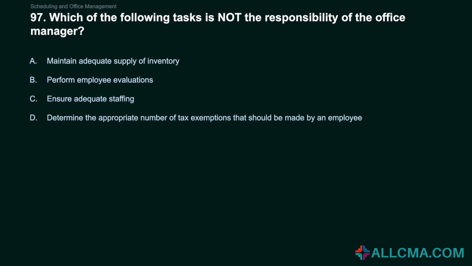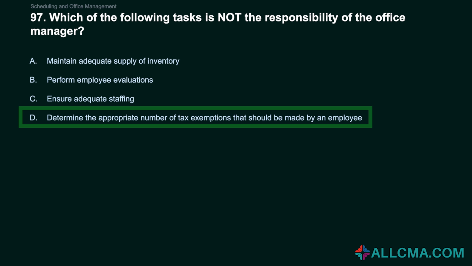97. Which of the following tasks is not the responsibility of the office manager? A. Maintain adequate supply of inventory. B. Perform employee evaluations. C. Ensure adequate staffing. D. Determine the appropriate number of tax exemptions that should be made by an employee. Correct answer: D. Determine the appropriate number of tax exemptions that should be made by an employee.